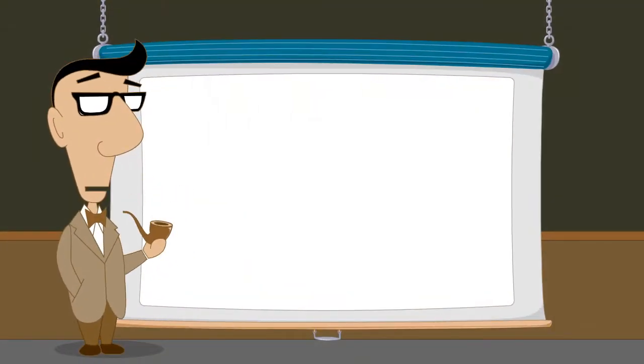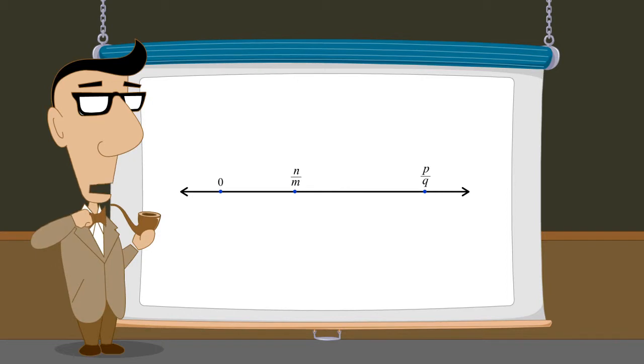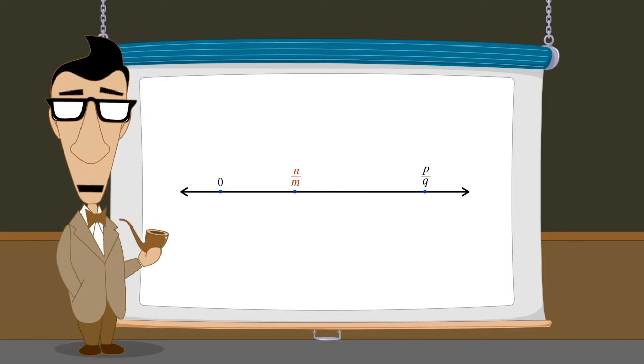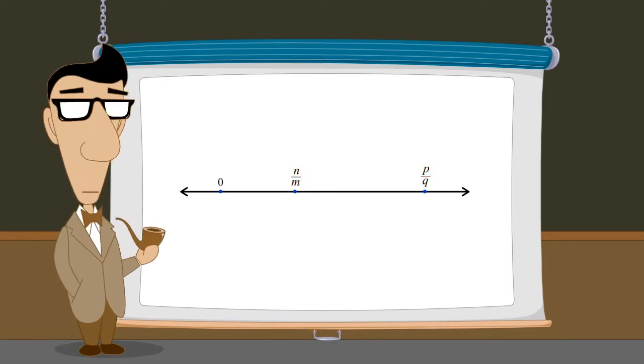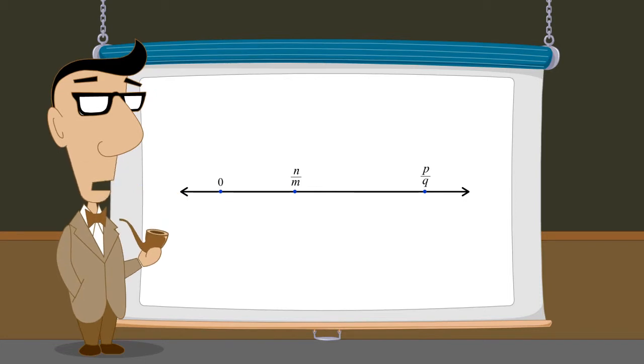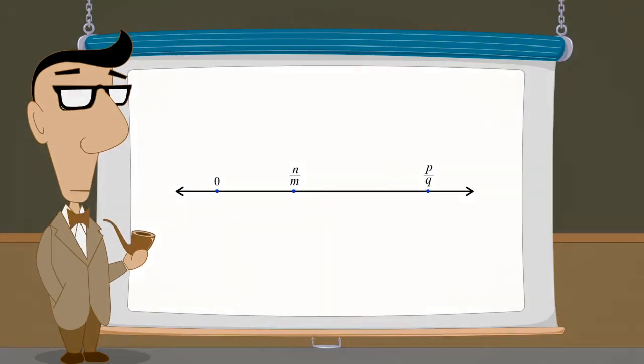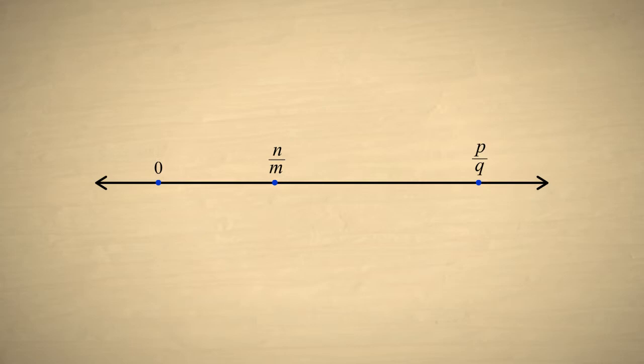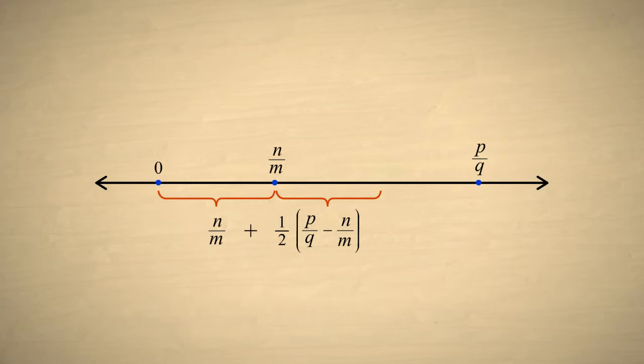To do this, let's take two arbitrary rational numbers on the number line, n over m and p over q. To make it simple, let's assume that both these numbers are positive. To get the distance between these two numbers, we subtract the smaller number from the larger number. Now, if we add half that distance to the smaller number, we get the distance from the origin to the point halfway between the two numbers.